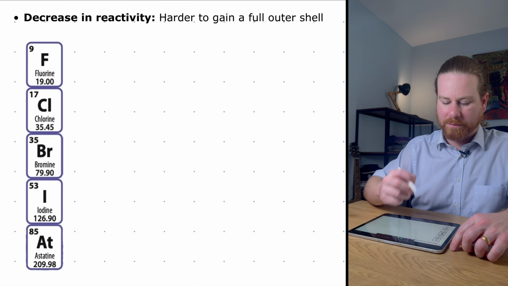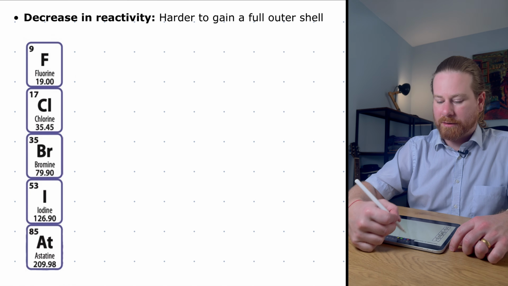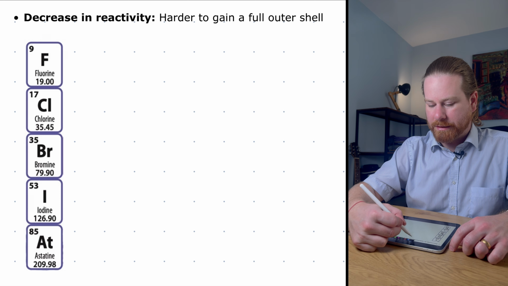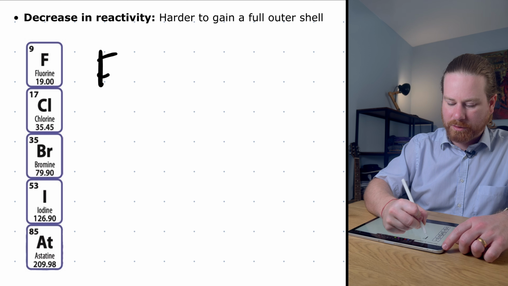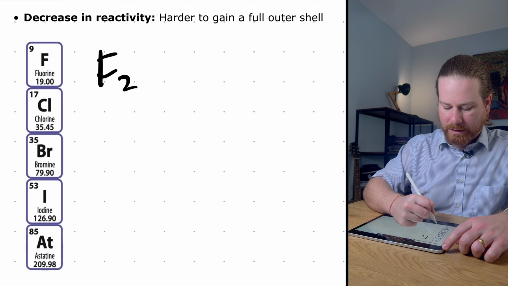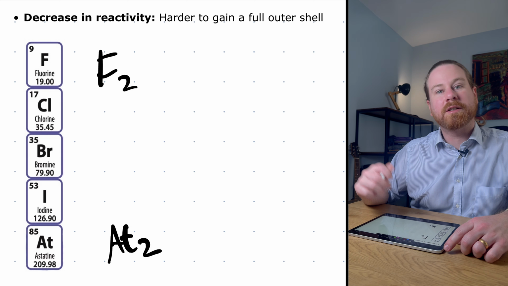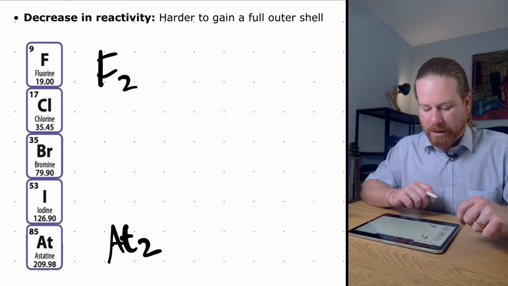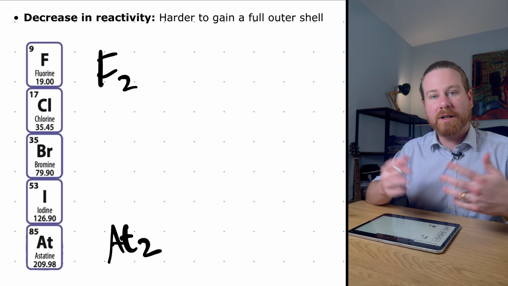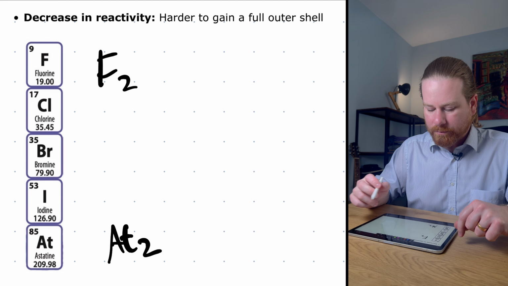If we have a quick look, first of all, we should definitely state that all of them exist as diatomic molecules. You find them as diatomics, and this is because it gives them the full outer shell, which all atoms are after, so they covalently bond and then they have a full outer shell.